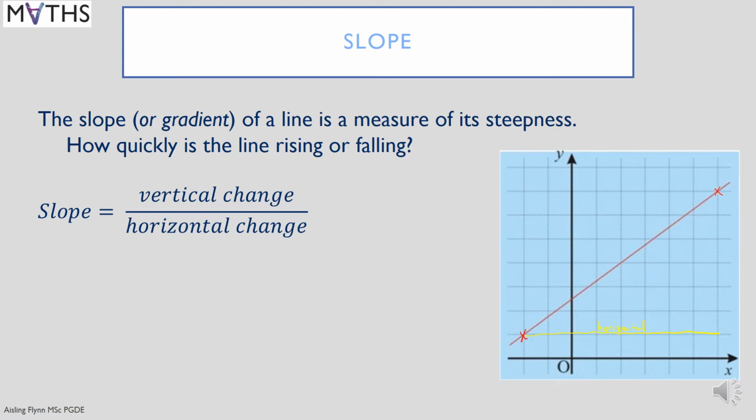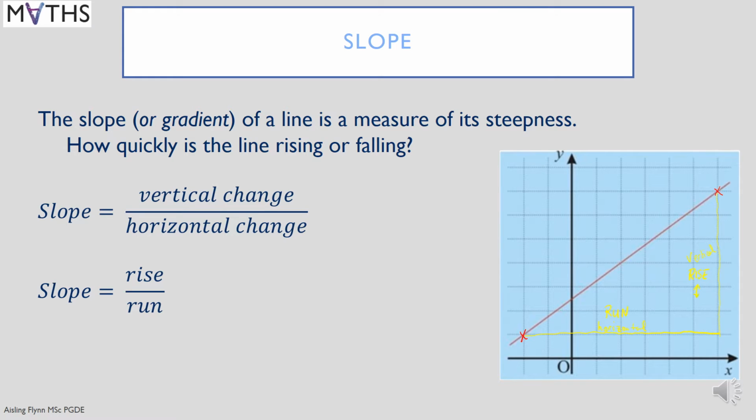Okay, and then let's look at the vertical change from one point to the next. I'll just write vertical there. Okay, and we have other names and symbols for this horizontal and vertical change. Sometimes the horizontal change is called the run, so you run across, and the vertical change is called the rise, so you rise up.